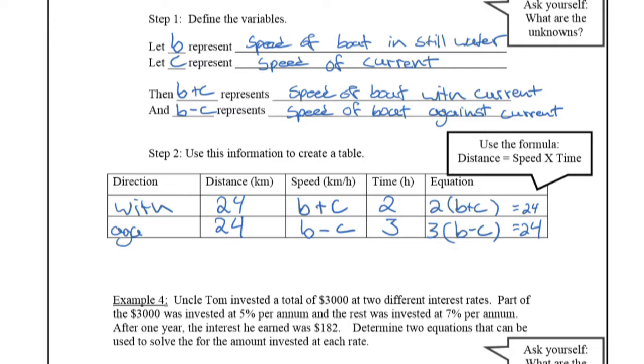So there's my two equations. I could solve those if I wanted. I'd have to expand to distribute the 2 and the 3 through. But the question doesn't ask me to solve for anything. It asks me to create a system.